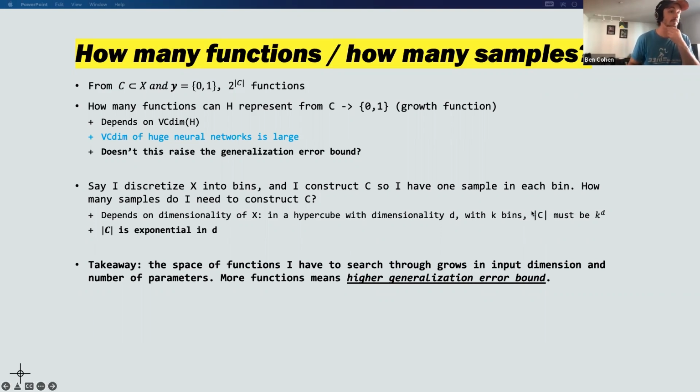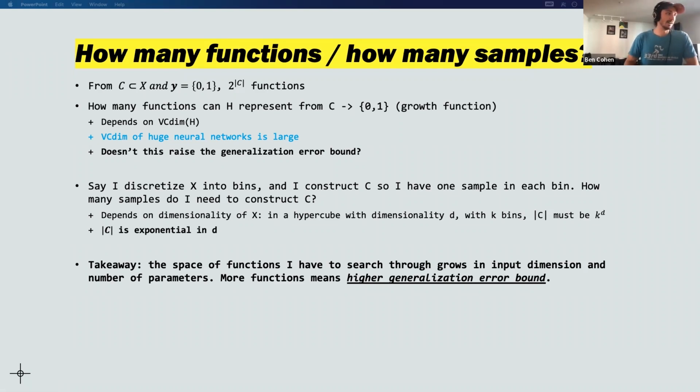And so generally speaking, with k bins and dimensionality d, the size of this data set C, which samples 1 point in each bin, scales exponentially. So that means if I want to construct a data set like this, the size of C is exponential in d.